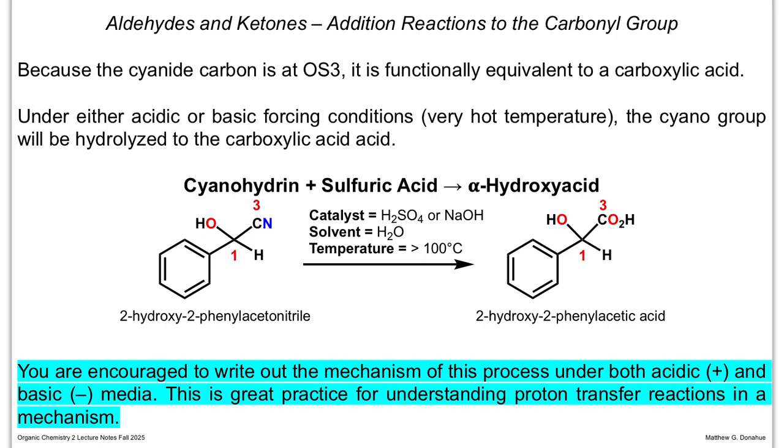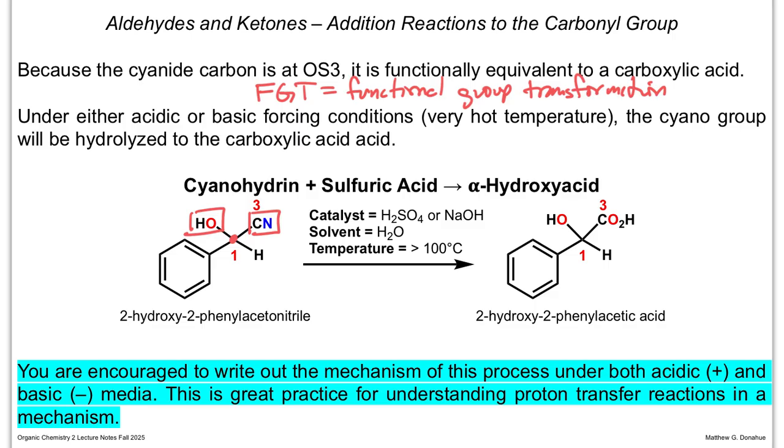And I want to elaborate a little bit more on FGT, that's functional group transformation. So a cyanohydrin, that's a carbon that's bearing both the alcohol and the nitrile.